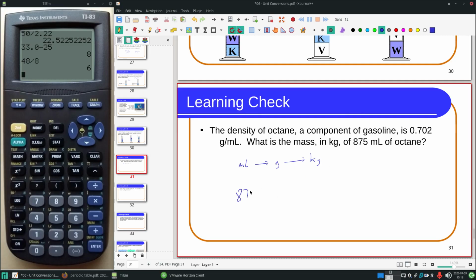So I have 875 milliliters. Density will convert from milliliters to grams, and it's 0.702 grams for every milliliter.